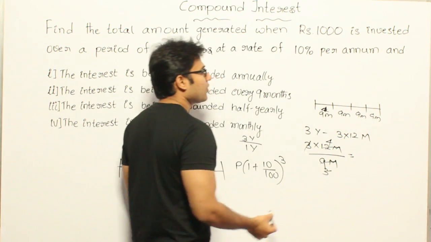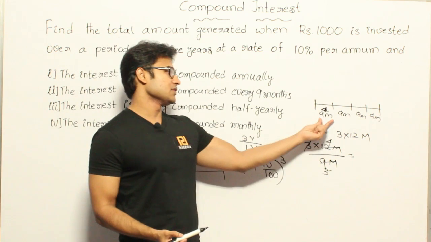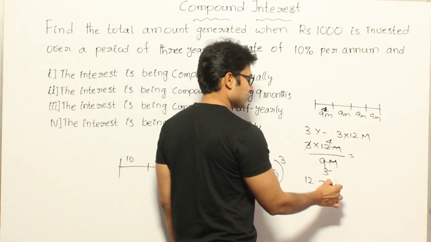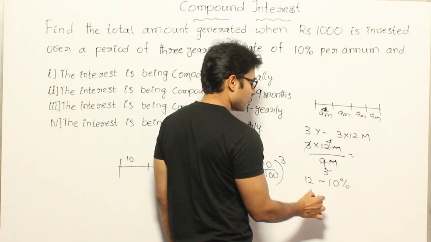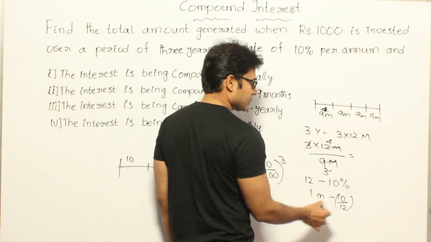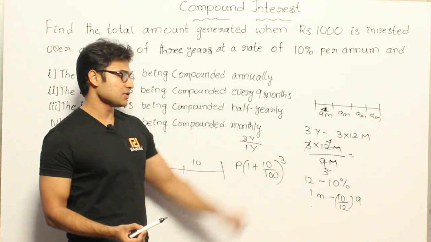Got it? Now there are 2 ways of computing the interest that is applicable for 9 months. One is, for 12 months the interest given is 10%. Therefore for 1 month the interest is 10 by 12 and therefore for 9 months the interest is 10 by 12 into 9. This is one way of finding out the interest per slot.